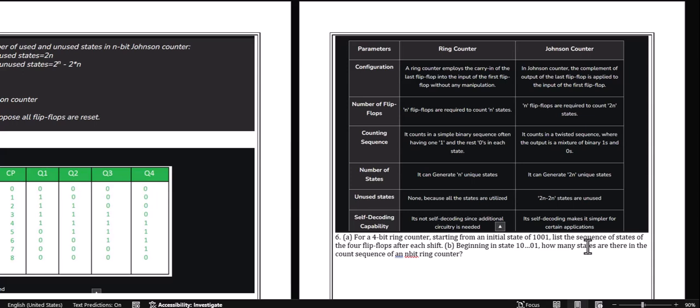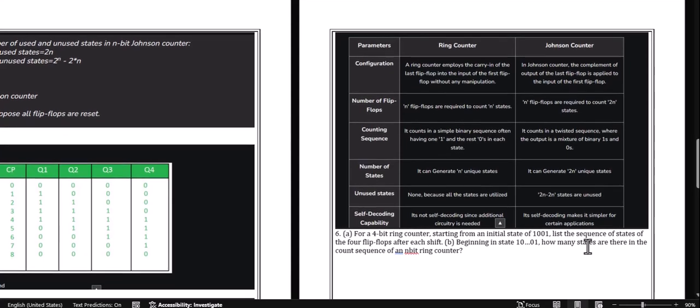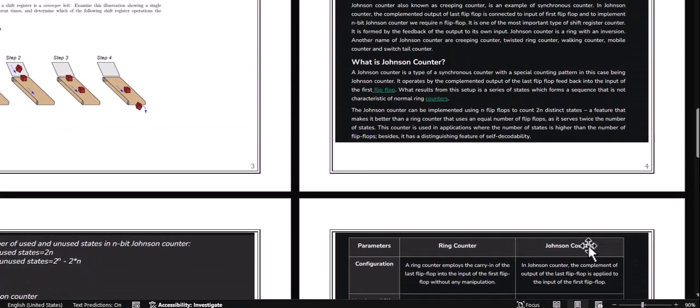You're almost always going to want to have an up counter or a down counter. I mean, the Johnson counter and the ring counter would have special purposes. A ring counter makes perfect sense because it just continues, it just repeats. I thought I had more on here than I have. Type of synchronous counter implemented. It's used in applications where the number of states is higher than the number of flip-flops.